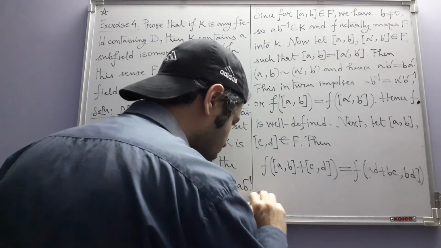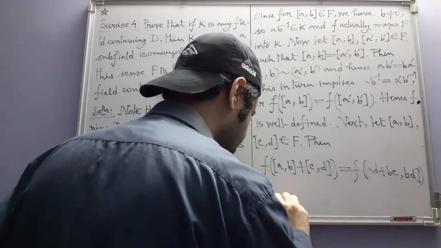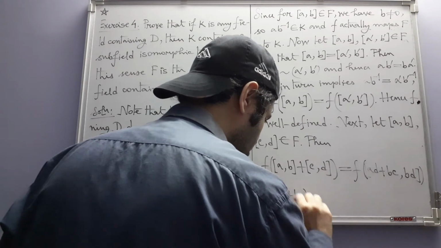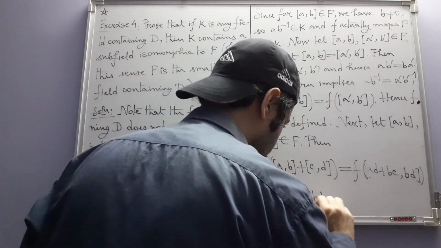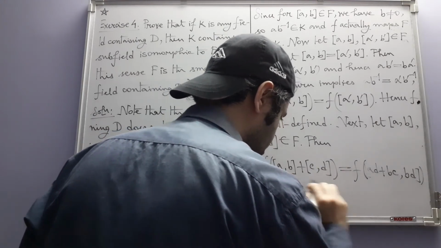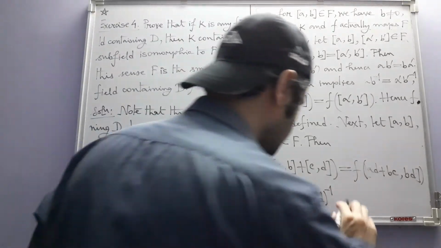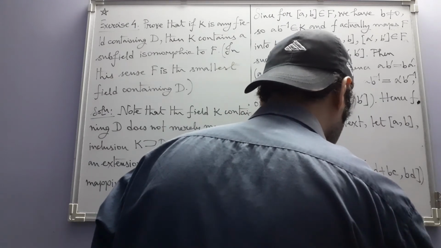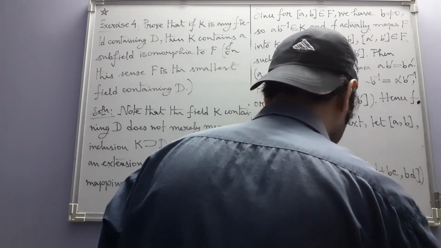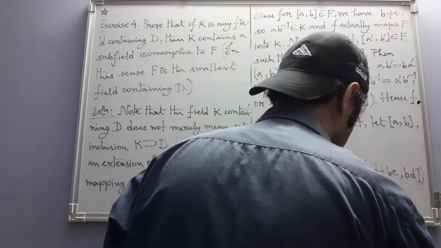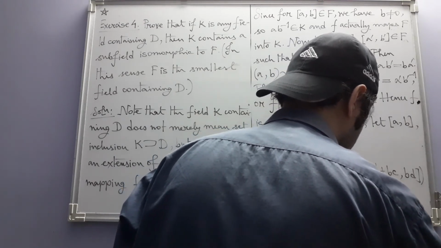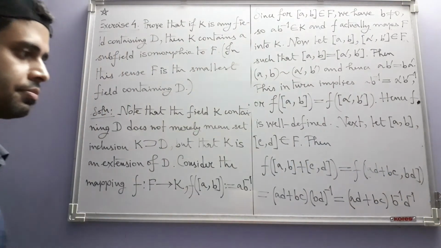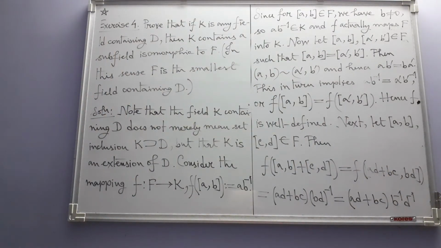According to the definition of this function, this is equal to (ad plus bc) times (bd) inverse. And this can be written as (ad plus bc) b inverse d inverse, because we are in a field, keep that in mind.